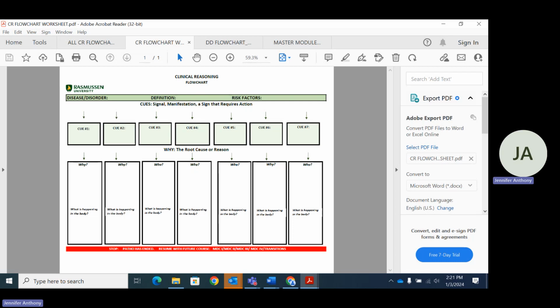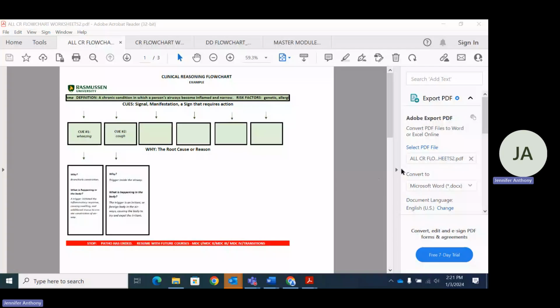So now I'm going to show you the asthma example so that you can understand what I mean. Here is your asthma example, where asthma, the definition is a chronic condition in which a person's airways become inflamed and narrow. Risk factors are genetic, allergies, and they can continue on.